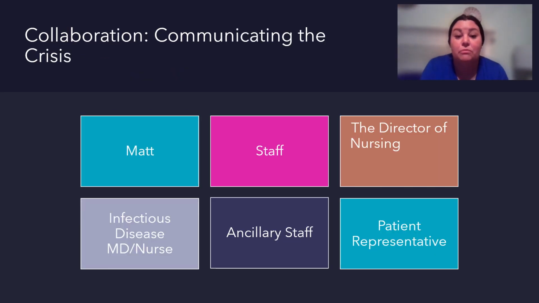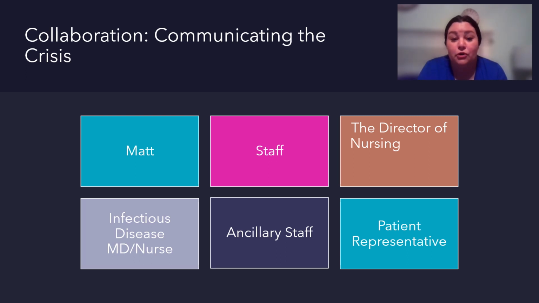Collaboration and communicating the crisis. So as a leader, Matt is in an excellent position to help communicate the crisis. Matt can communicate the crisis with his staff. Staff can communicate the crisis with one another, with patients and families.